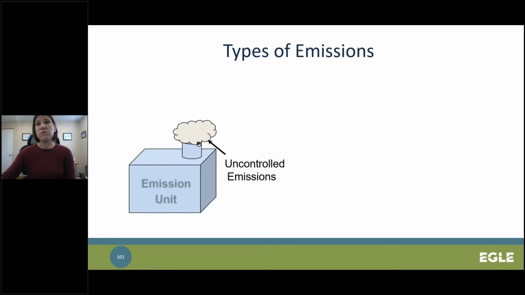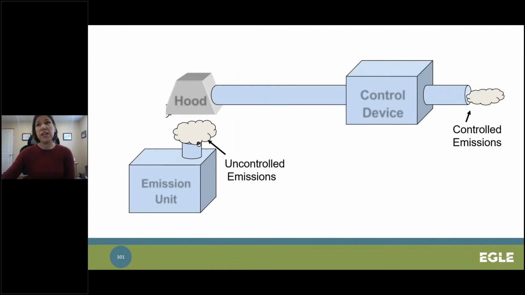So let's talk about some of the different types of emissions. Uncontrolled emissions are the ones that exit the process into the air. Many emission units do not have a control device, so they only have uncontrolled emissions. If an emission unit has a control device, then the emissions exiting from the control device are considered controlled emissions.